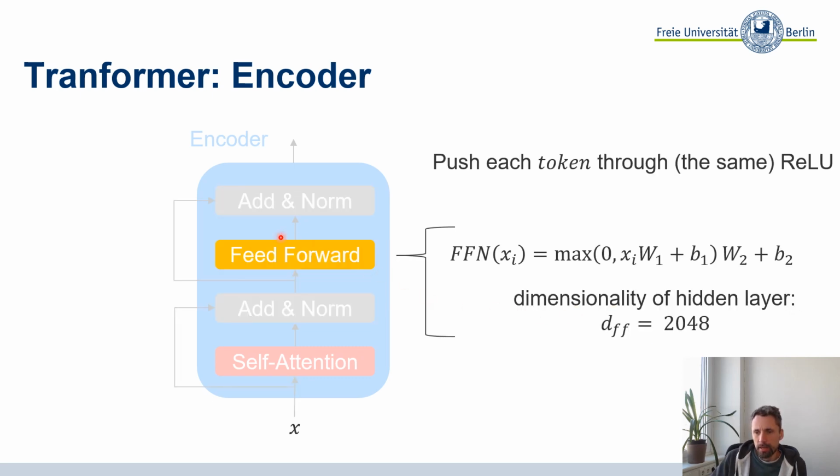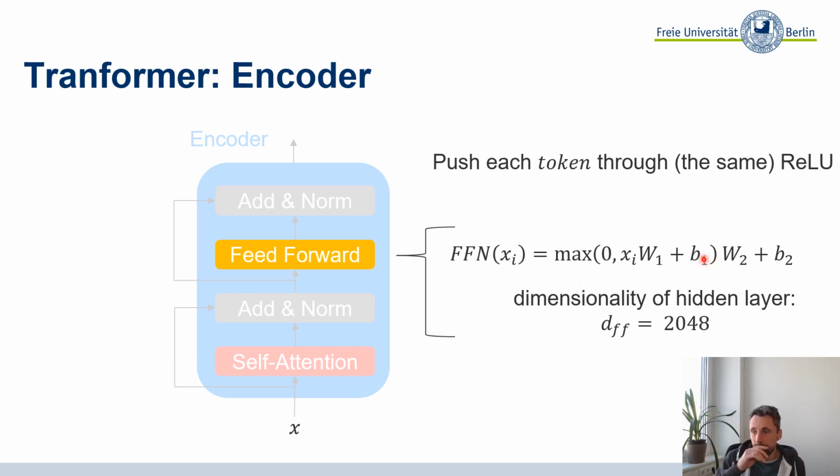The last missing part is a simple feedforward network. So each input token, here in 512 dimensional space, is mapped to a hidden layer with this matrix W1 with additional bias, and then pushed through a ReLU. More modern architectures use GLU or other activations, but this original paper used ReLU.